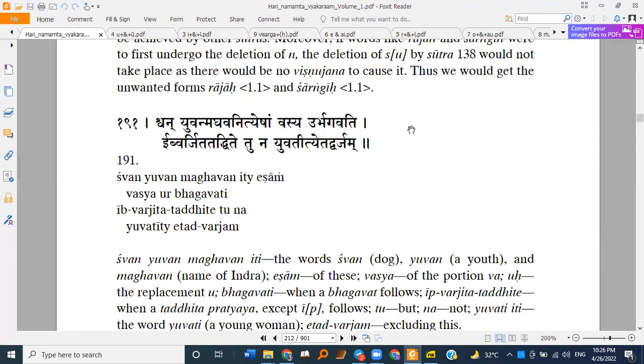Vator Vasya Ur Bhagavati. Bhagavan Ityesham Asya Ur Bhagavati. Ivarjita Tad. It's like this only. Sorry, I got confused.